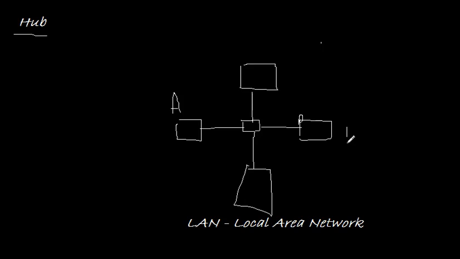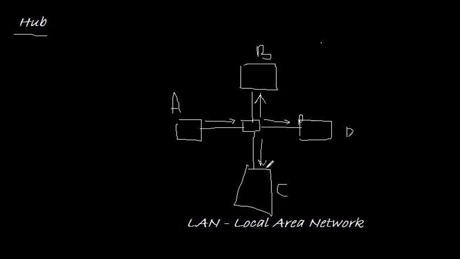Assuming this is computer D, this is computer B, this is computer C. Computer A generates a message, and that message could be, say, an email. That email is intended for computer D. When that email reaches this hub like this, what's going to happen is that email is going to be transmitted to all the other computers. They will all receive the same email.